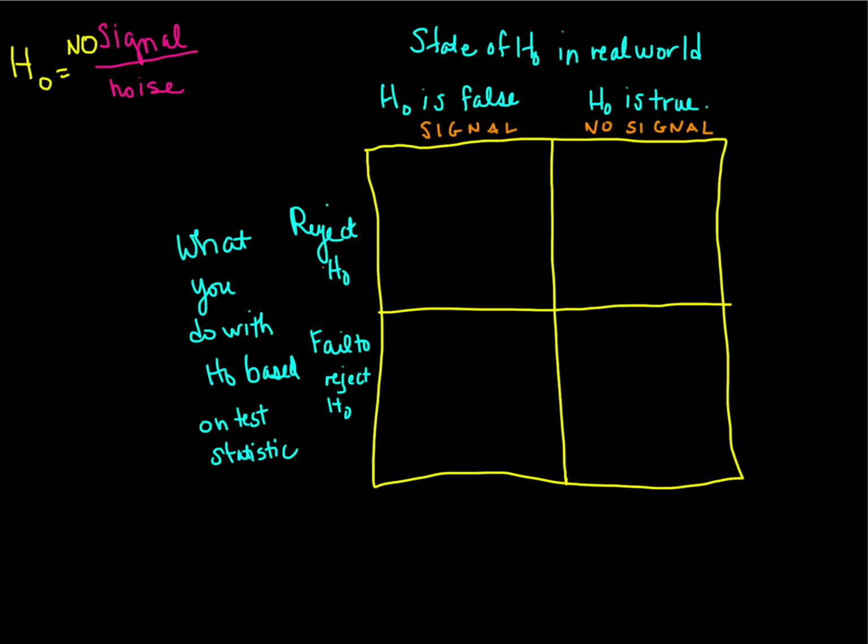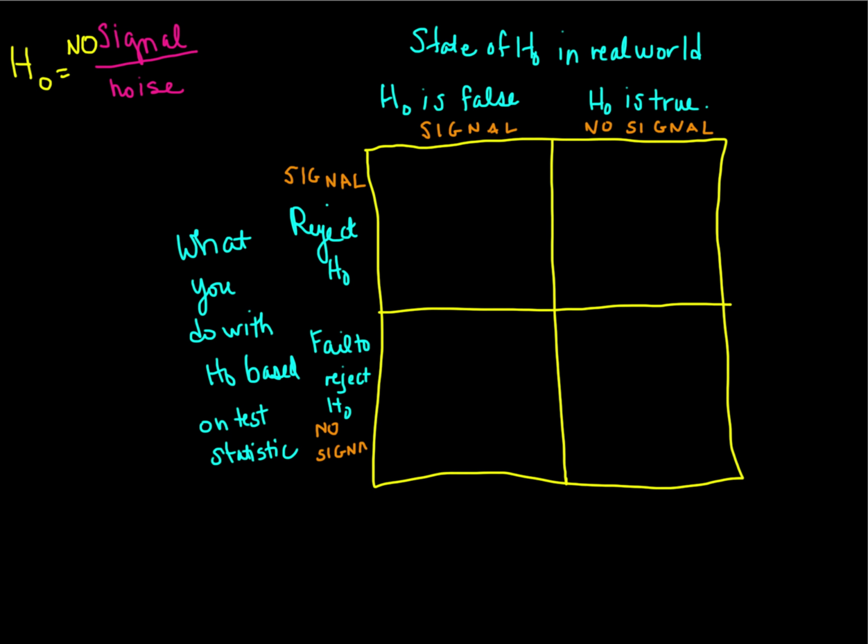Now, our decision could be to reject the null hypothesis, in which case we're saying we reject the idea that there is no signal, therefore there is signal. Our test statistic is large enough that we think it's not determined by chance, and therefore we're rejecting the null hypothesis. You can also fail to reject that null hypothesis, and then we're saying, you know what?